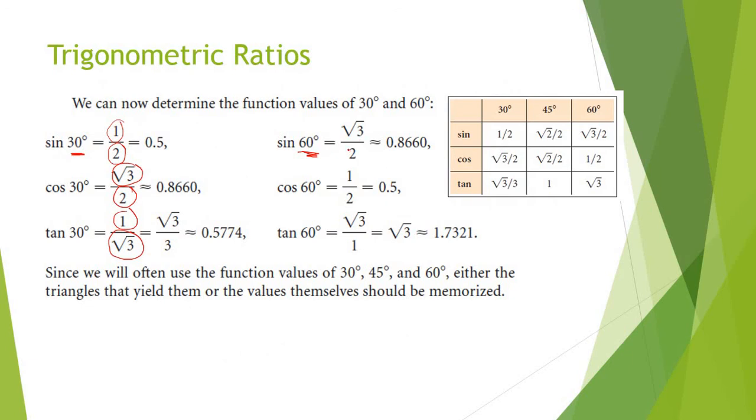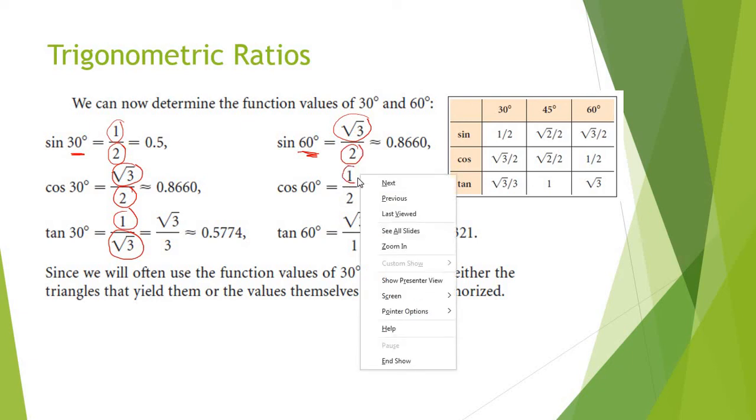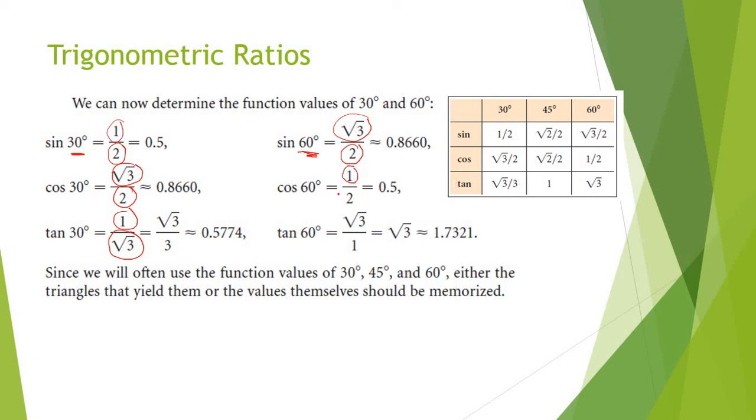So here, sine is square root of 3 over 2, cosine is 1 over 2, with 2 as your hypotenuse, and tangent is opposite square root of 3 over adjacent 1. These are now the different values of the functions of your 30 degrees and 60 degrees.